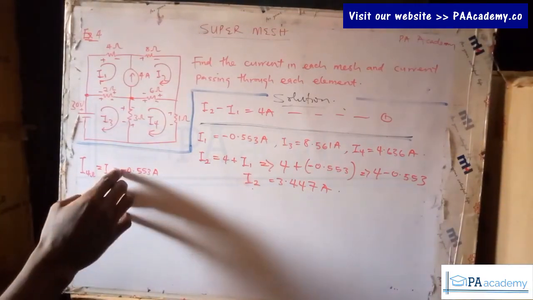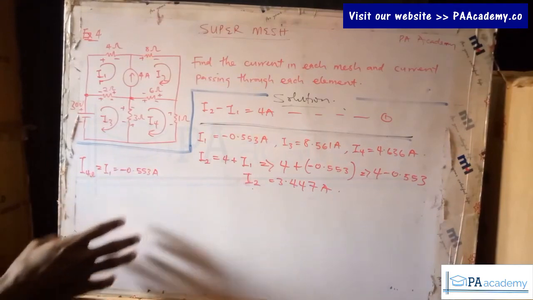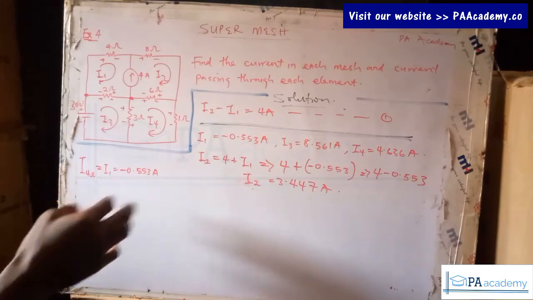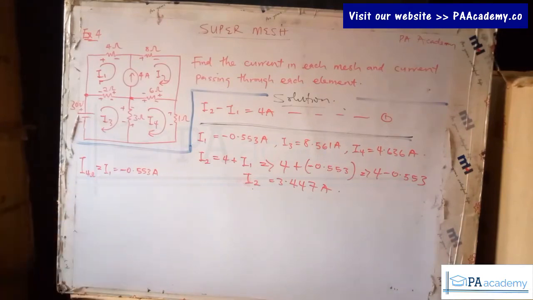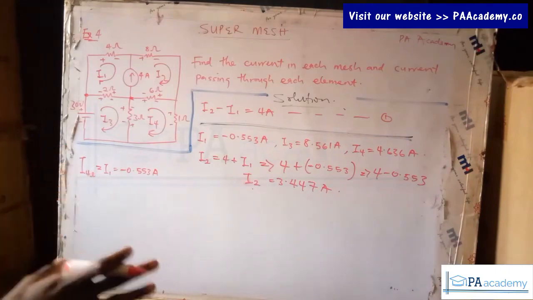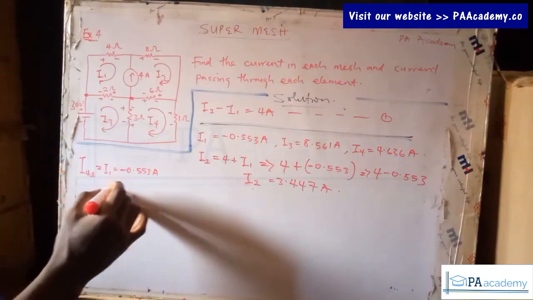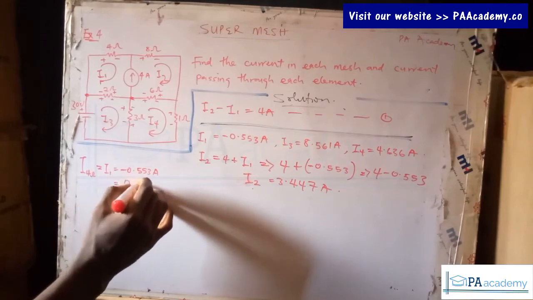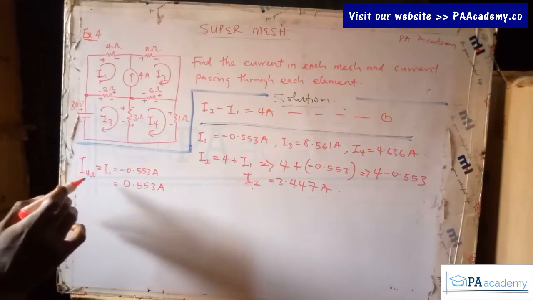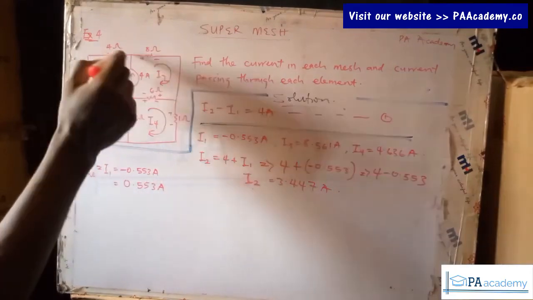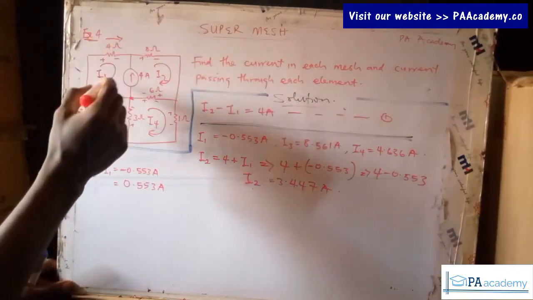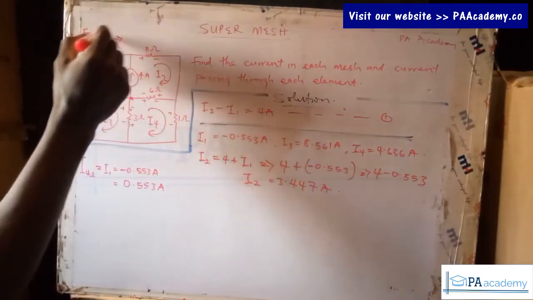Now we have a negative value for current. Whenever you have a negative value for current, it means the direction you assumed is not the actual direction; it's supposed to be the opposite direction. So to get the real value in positive, the answer is 0.553 amperes. Remember that the direction we picked that gave us this negative was clockwise, meaning we assumed the current flows in this direction.